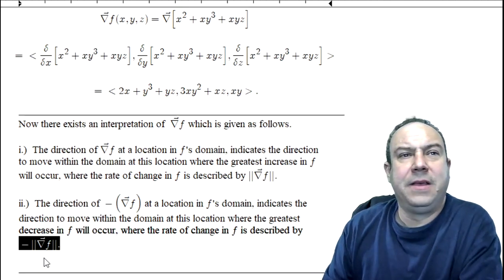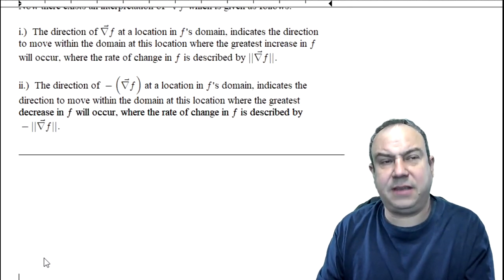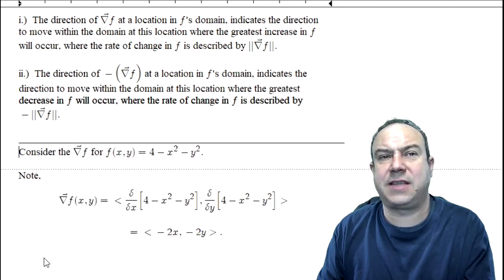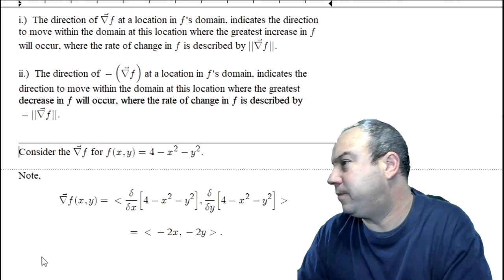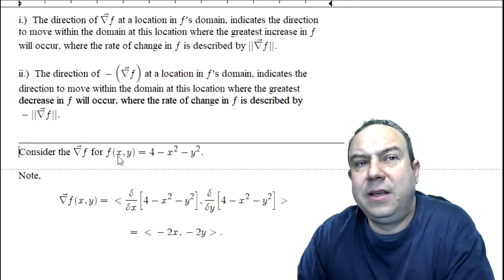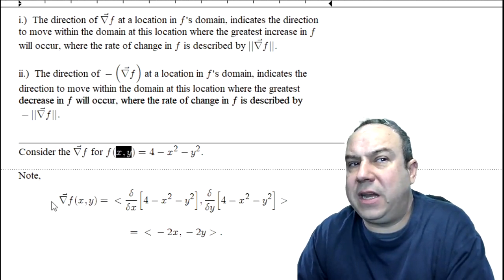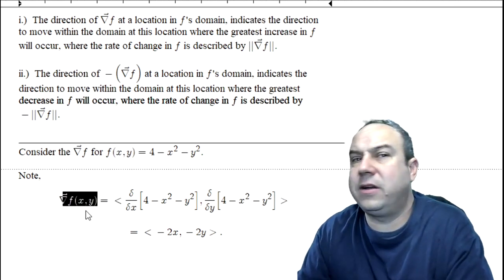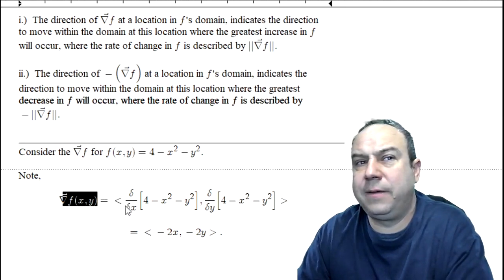All right? That's some interpretation. Let's look at that with an example. Consider the gradient for the surface 4 minus x squared minus y squared. It is just going to be a two-dimensional gradient, found by applying the del operator to the function f of x comma y.